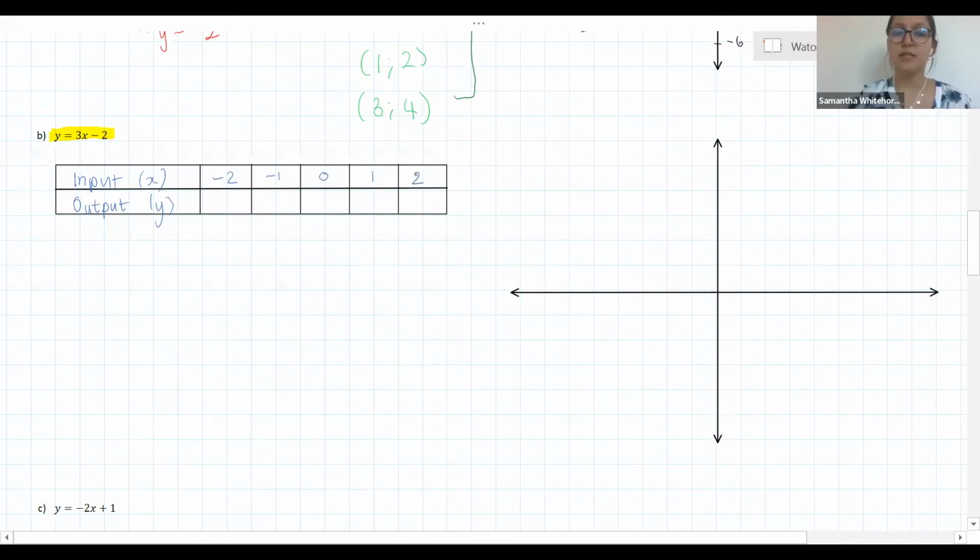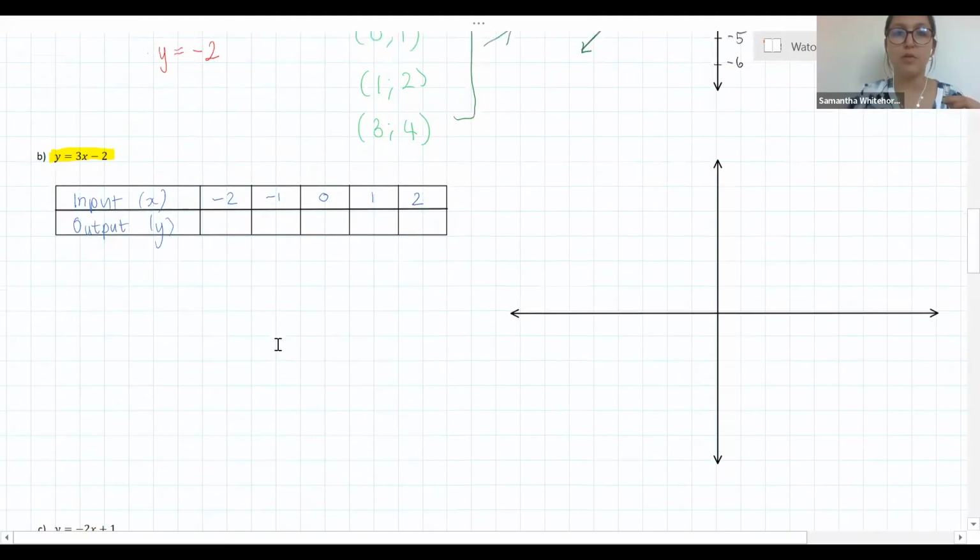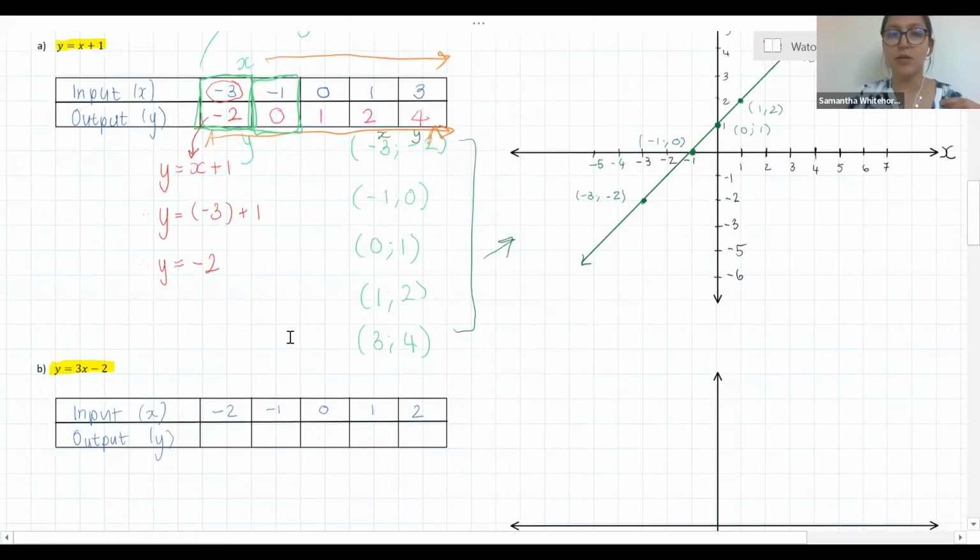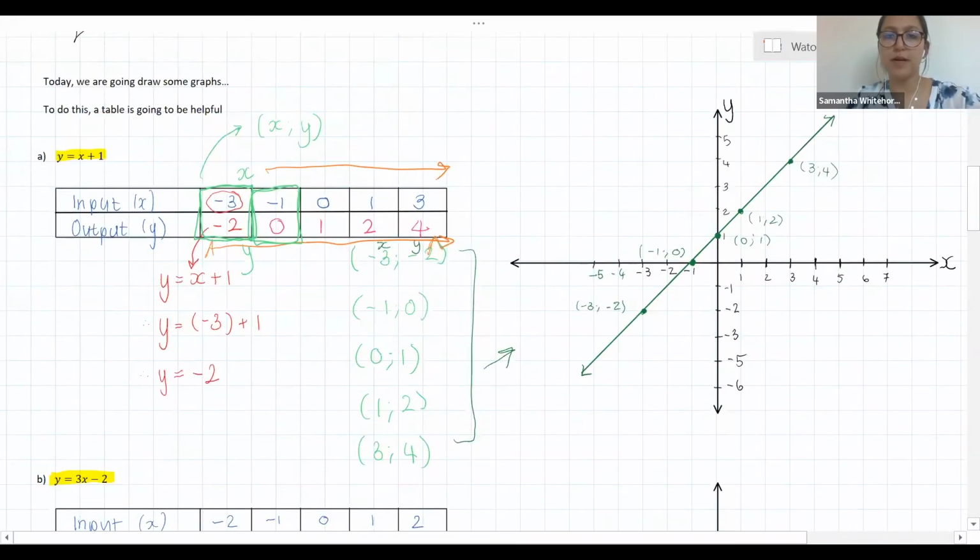So I'm going to give you guys a second to try and work out your outputs. And when you've got some answers, you can go and raise your hand and I'll ask for some answers. Remember, what we want to do is like we did here, we want to substitute. Okay, I'm just going to quickly go back up here.